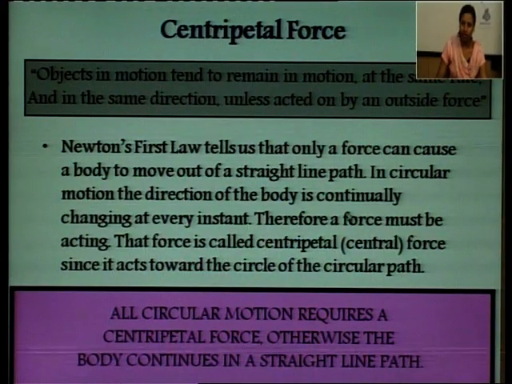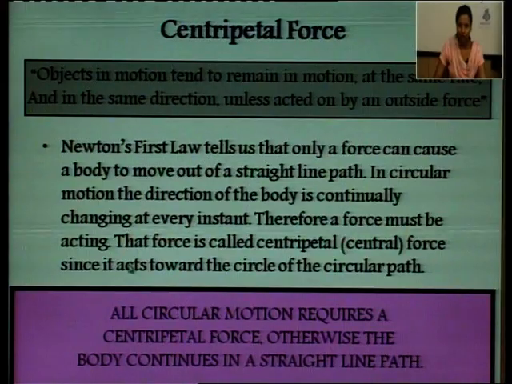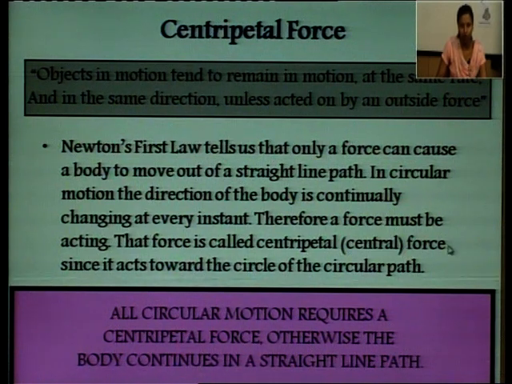So we need a force acting upon the body to change its direction. This force is called centripetal force. Centripetal means it acts towards the center of the circle of the circular path. All circular motion requires a centripetal force, otherwise the body continues to move in a straight linear path.